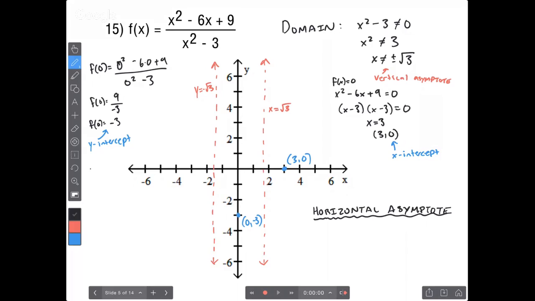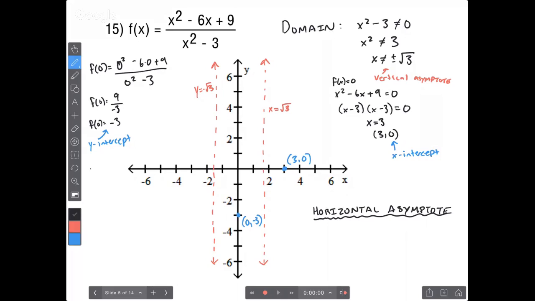And if the degree of the numerator was more than 1 greater than the degree of the denominator, we would get end behavior that represented some polynomial function, whatever the non-rational polynomial term would be if we did long division.